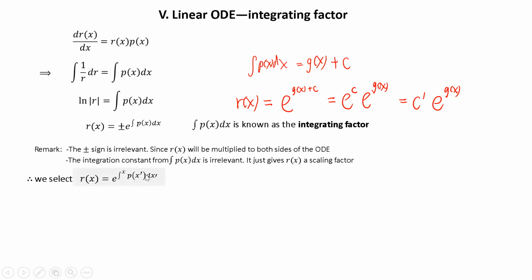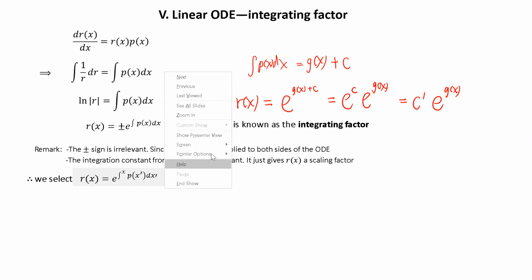Okay, you can see that this integral looks funny. I write down the upper integration limit, but I don't have a lower integration limit. It's just a funny notation to tell you to just do this integral.